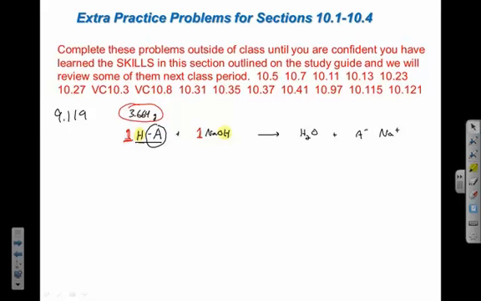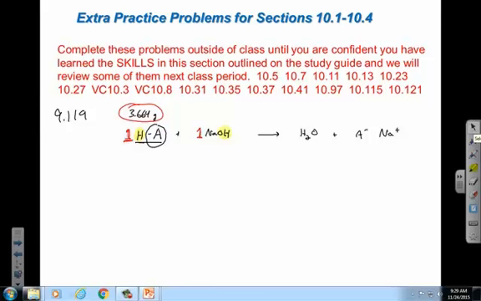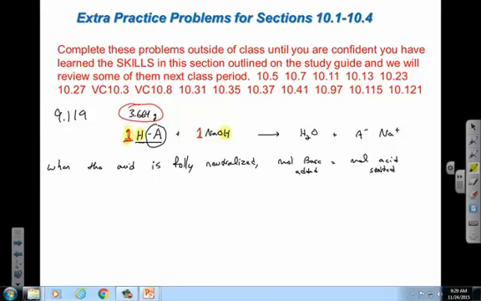That means what I can say is, when the acid in my titration is fully neutralized, the moles of base added will be equal to the moles of acid that I started with, because of this 1-to-1 ratio.